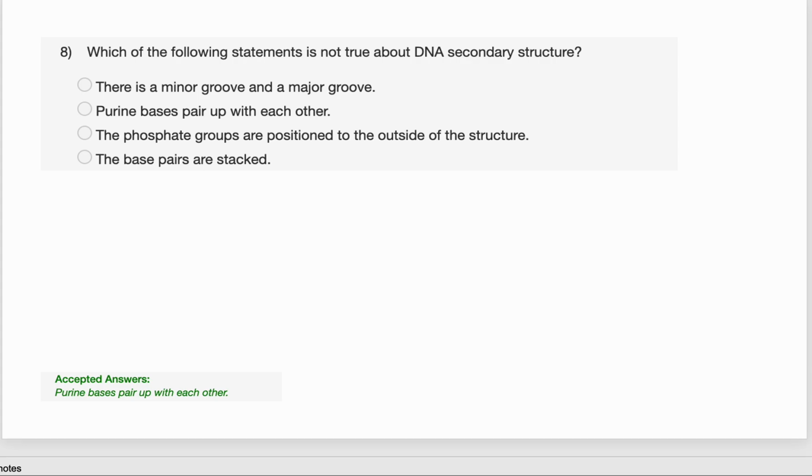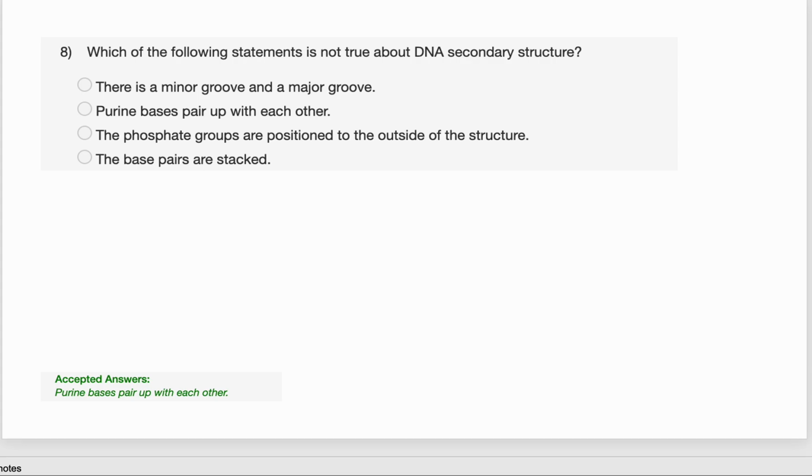And yes, the base pairs are stacked, due to hydrophobic interaction. So suppose this is purine, this is pyrimidine, and this is pyrimidine, this is purine. They have hydrogen bonds among themselves, maybe two, maybe three. They have these cyclic rings.